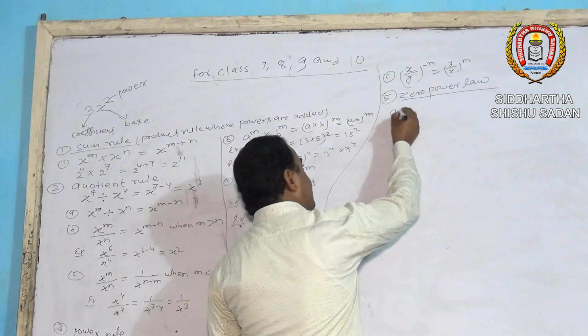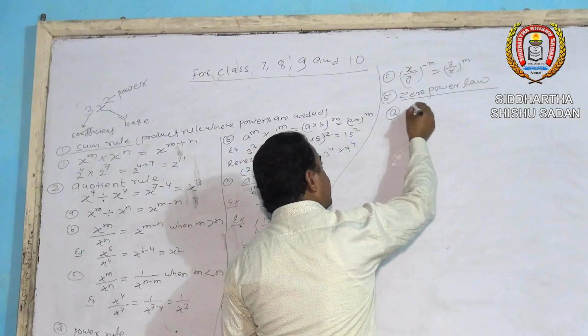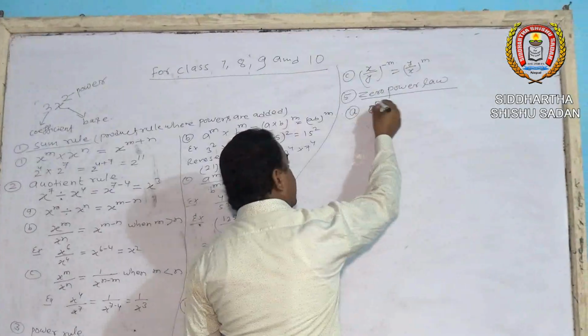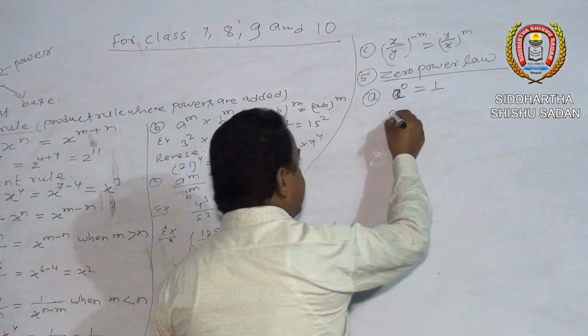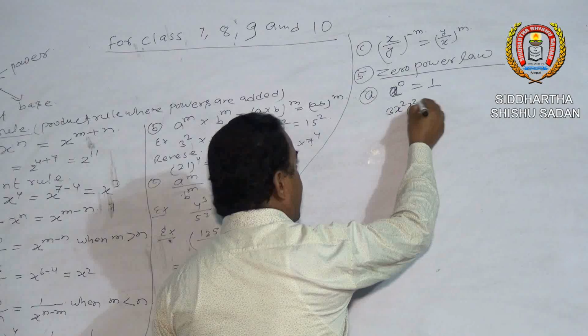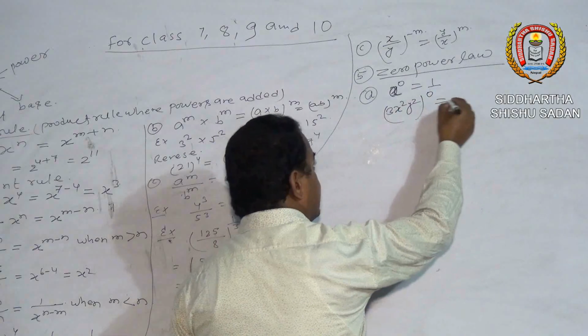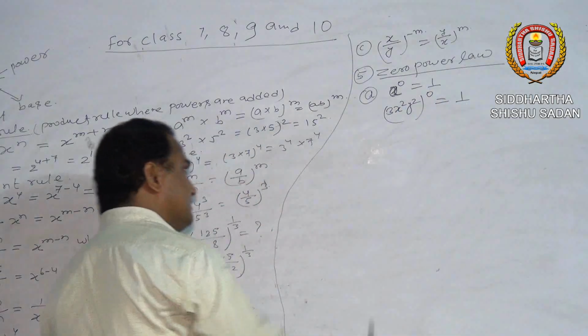It means a to the power 0 is equal to 1. Suppose here 3x square y square whole to the power 0, that is also equal to 1. Now the proof.